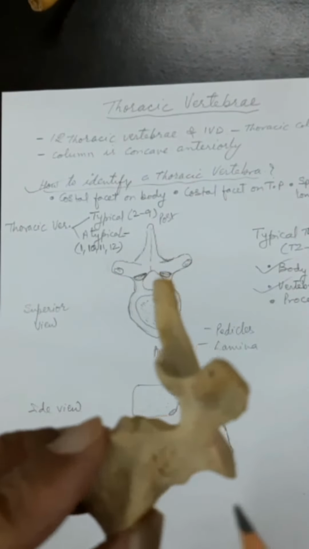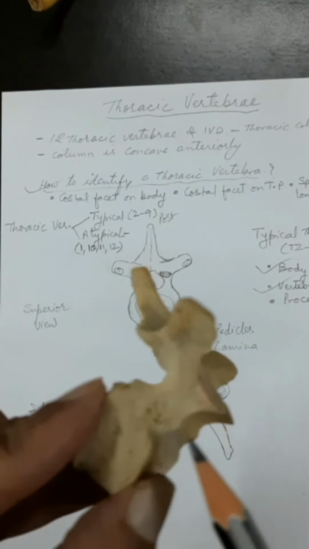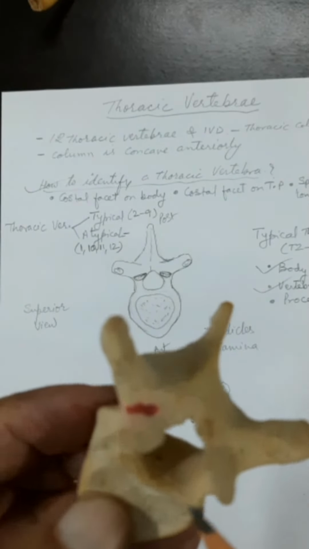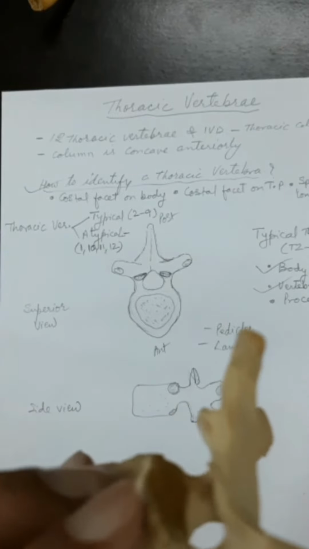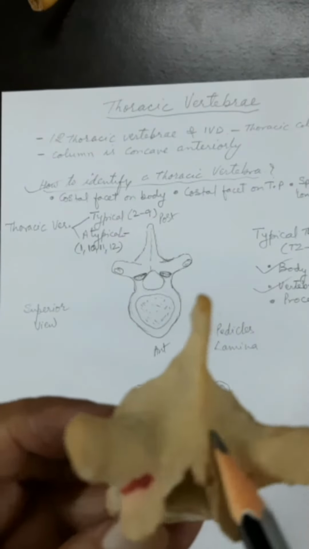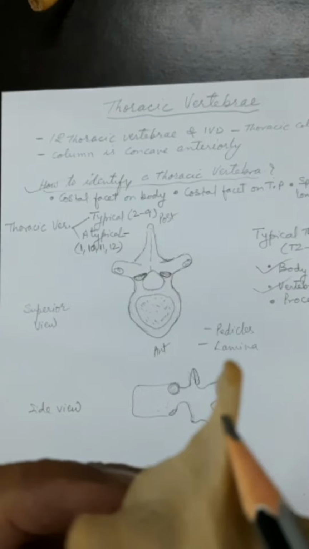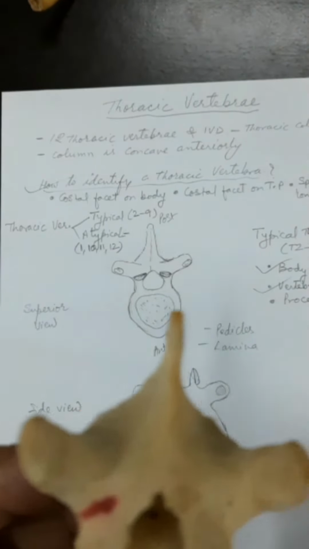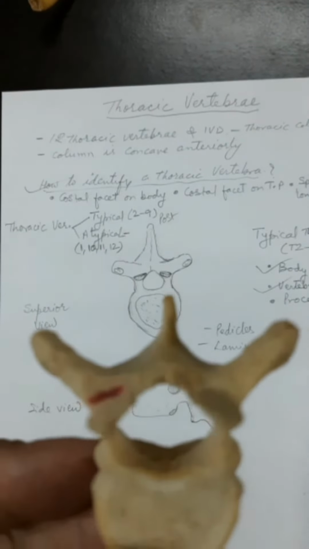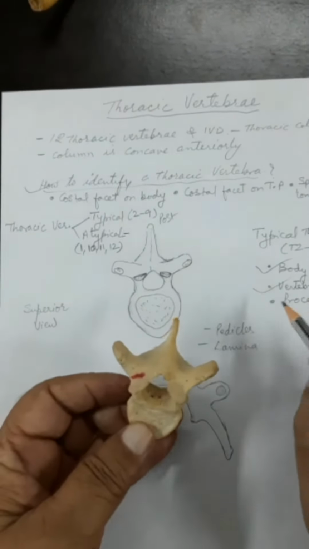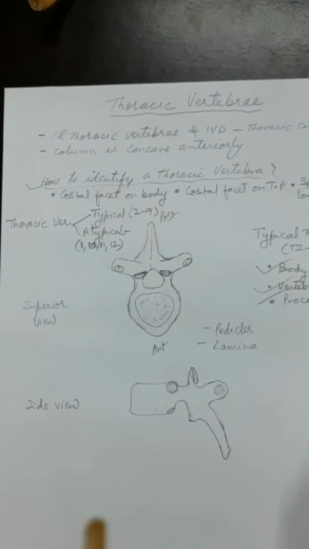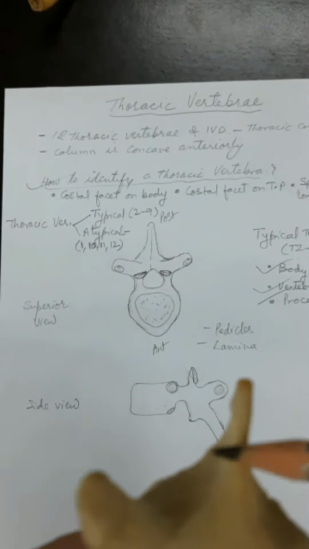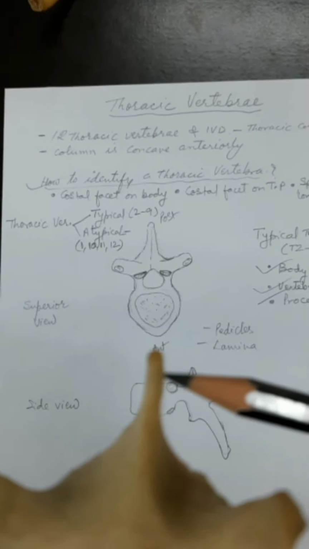So what are the two parts of the vertebral arch or neural arch? Pedicles, right and left pedicle, which come out from the body, and then from the posterior end of the pedicle, the right and left lamina, which fuse in the midline and give a bony process called the spinous process in the midline. Now from this vertebral arch there come out 7 processes, out of which one single process we have learned is the spinous process.